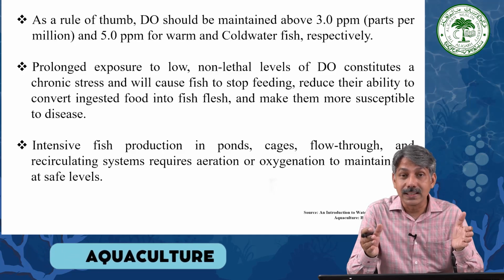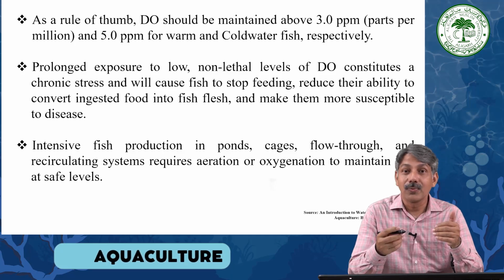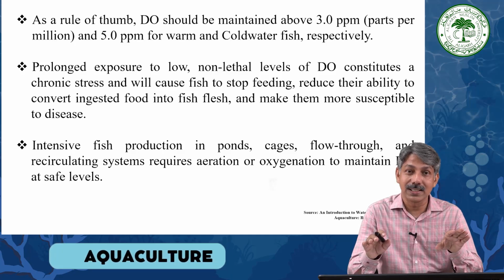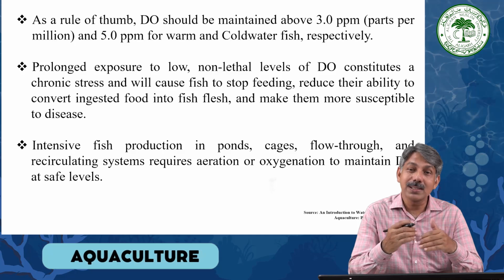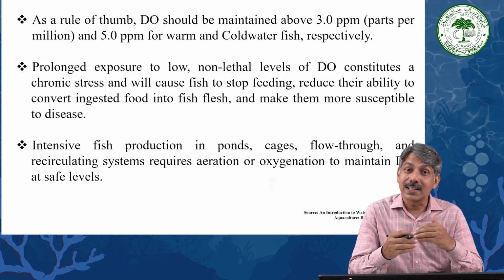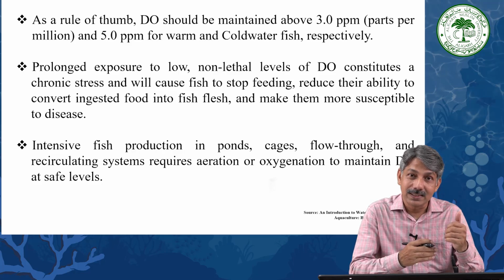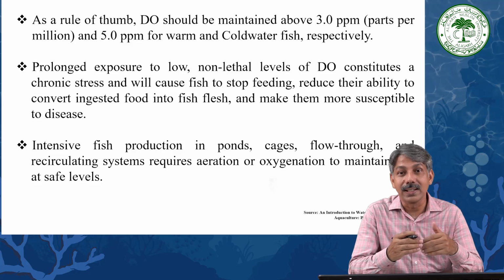But what happens during the night, when there is no photosynthetic activity, carbon dioxide is being released through respiration. Where will this carbon dioxide go? When this carbon dioxide gets dissolved into the water, it makes the water acidic by forming carbonic acid.